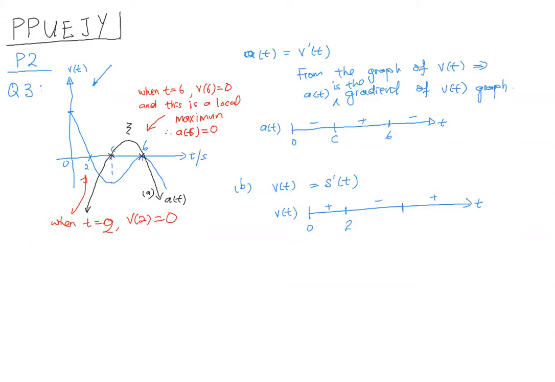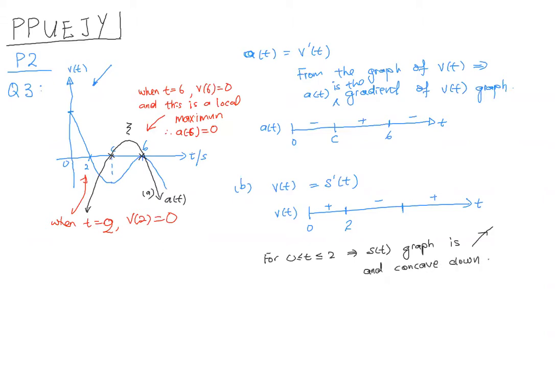Okay, so now I know that for T between 0 and 2, the ST graph is going up and concave down.